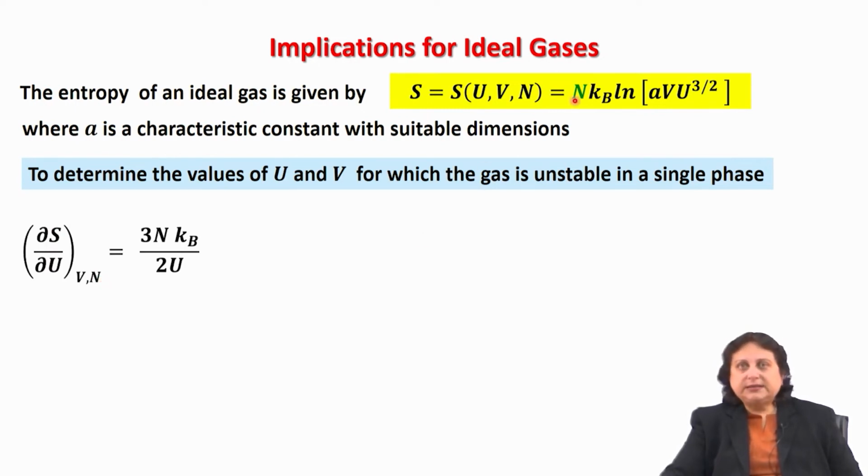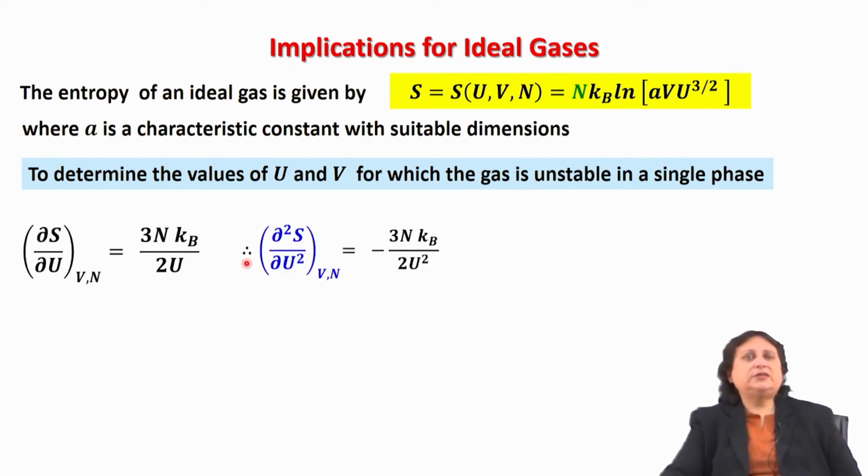If I look at this expression, this turns out to be 3 N kB by 2 U in the denominator. So, del S del U is a function of U and it does not have any functional dependence on V. So, what is the implication of this result?